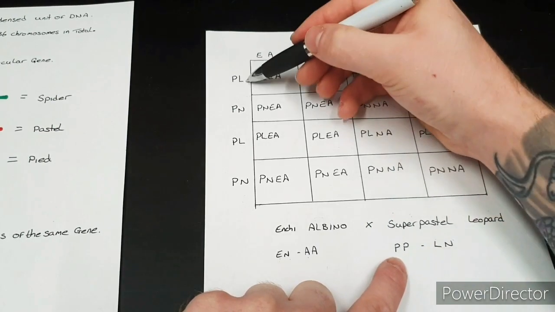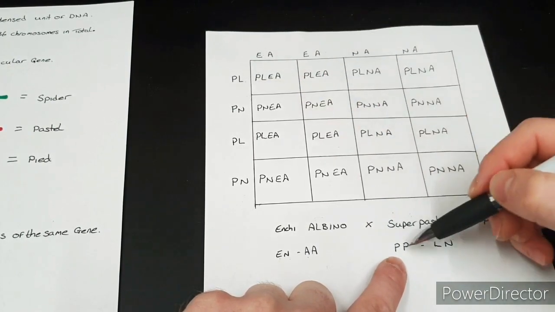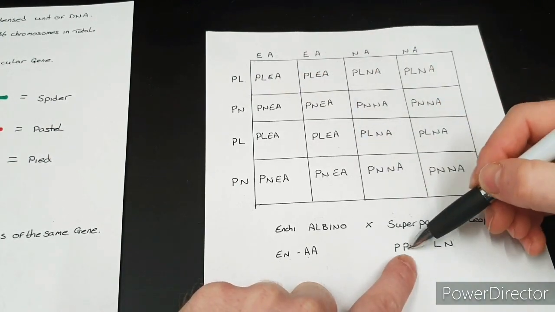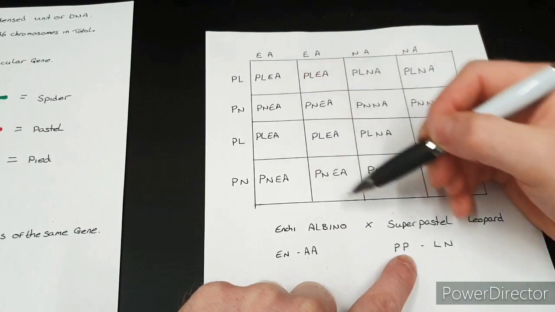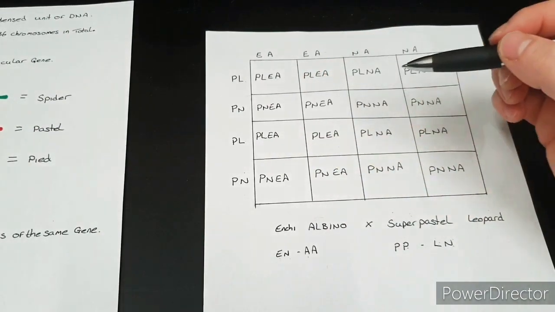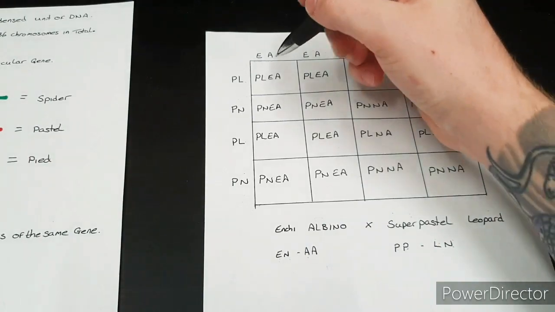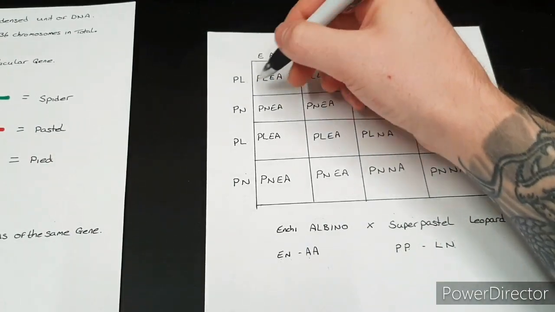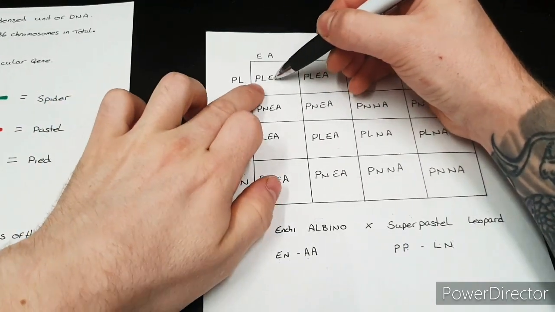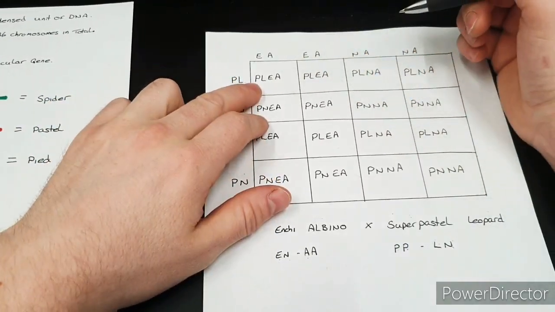L goes here. N here. L and N here. Then it's just exactly the same. You'll fill out your boxes to correspond with the letters at the top and side. So PL, PA, that's what you're going to be aiming for as well.